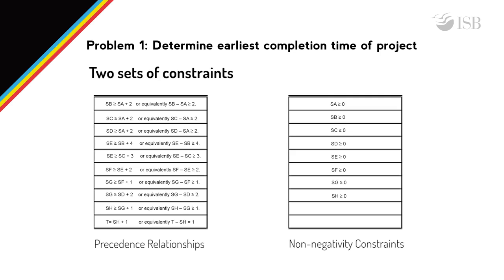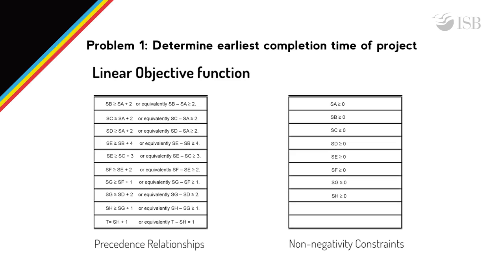Note that the 2 constraints SE greater than or equal to SB plus 4 and SE greater than or equal to SC plus 3 together imply that SE is greater than or equal to the maximum of SB plus 4 and SC plus 3, which in turn implies that the activity E can be started only after both activities B and C have been completed, as required by the precedence relationships.